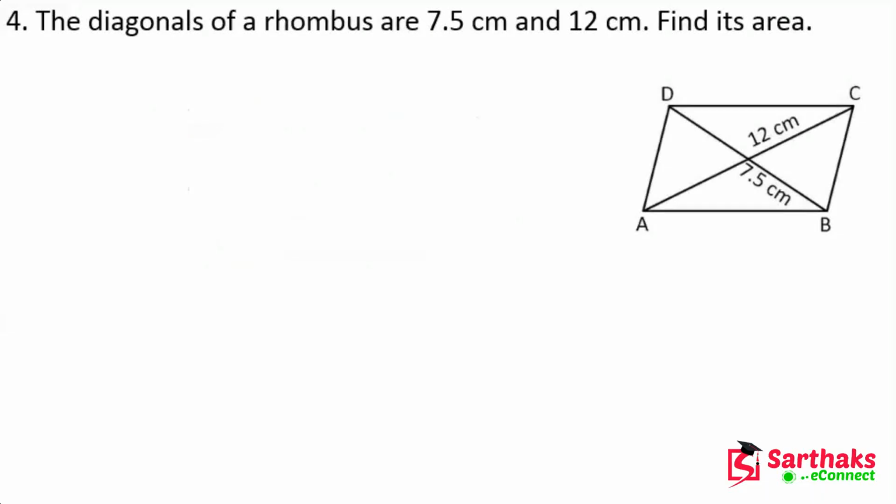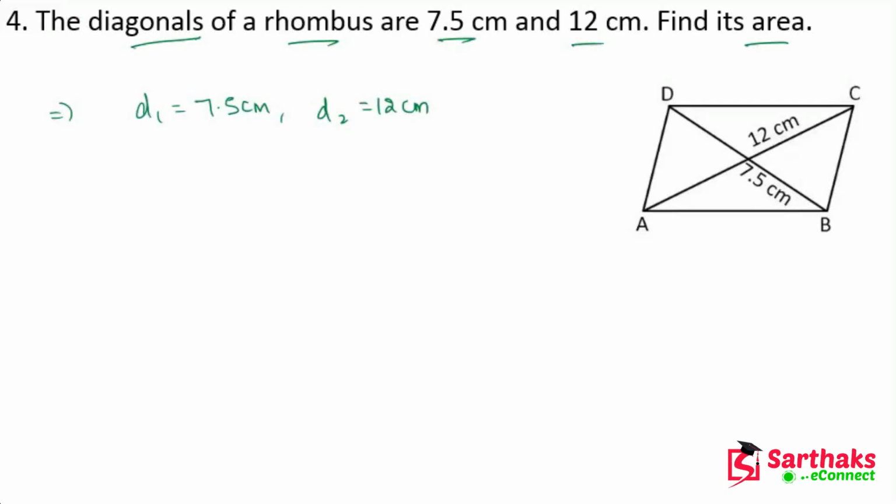Now the next problem. The diagonals of a rhombus are 7.5 centimeter and 12 centimeter, and we have to find its area. Again, this is very easy. Here d1 is 7.5 centimeter and d2 is 12 centimeter.